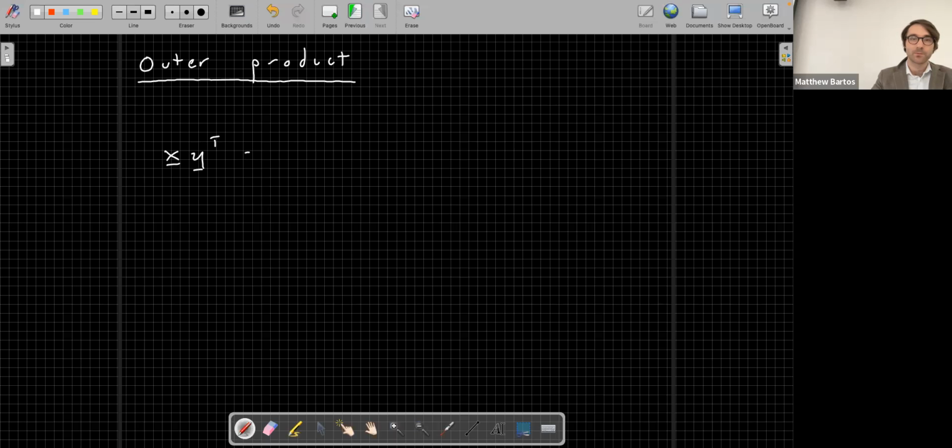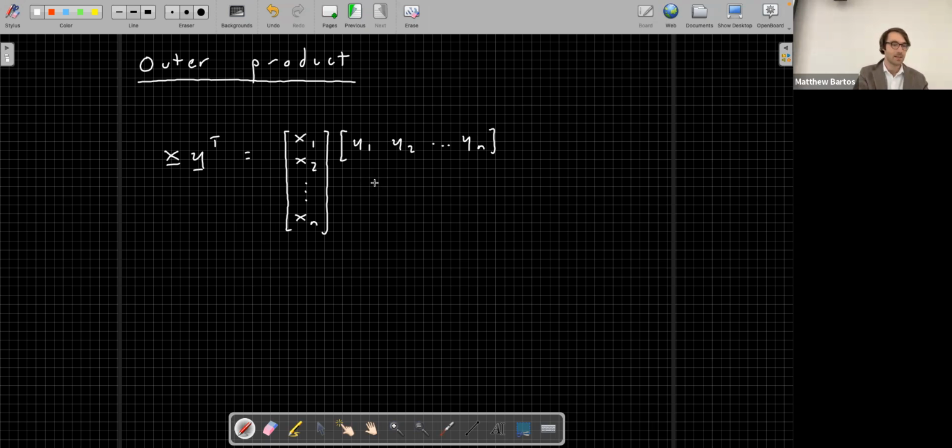So the outer product is equal to X Y transpose. Our vector X will be x1, x2, all the way through xn. Our vector Y will be y1, y2, all the way through yn. If we're computing the outer product, what essentially happens is we take this vector X and scale it by each one of these y's and then stack them together horizontally.